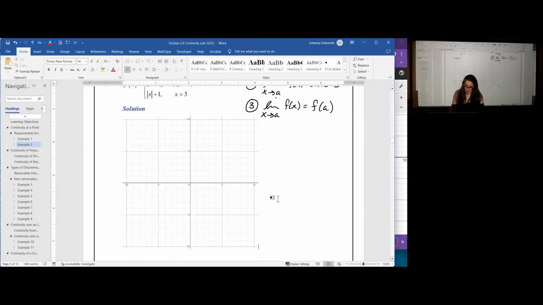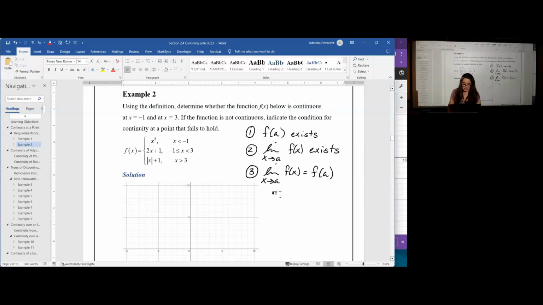All right. First, the function has to exist. We're going to start by examining what happens at x equal -1. At x equal -1, is the function defined? Not with the first piece, because this is less than, not less than or equal to. However, this one does.